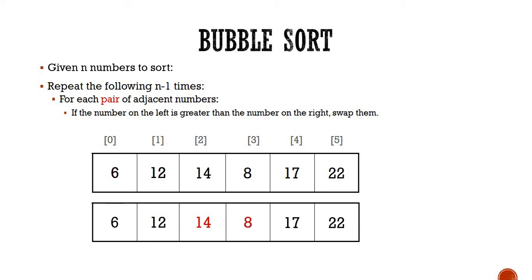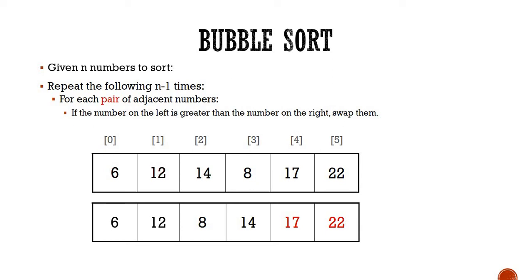Then we compare between index 2 and index 3. Now we need to swap because 14 is greater than 8. Here we compare between index 3 and index 4. We just keep the elements because 14 is less than 17. Again we compare between index 4 and index 5. We just keep the list because the numbers are already sorted.